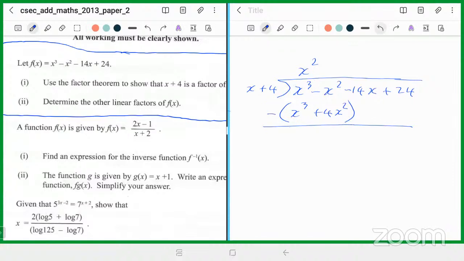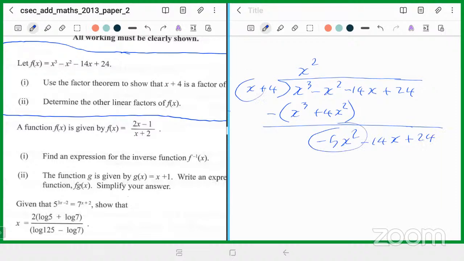These first two terms are always eliminated. So it's minus 4x squared and minus x squared, that's minus 5x squared. These aren't subtracting anything, so they come back as minus 14x plus 24.